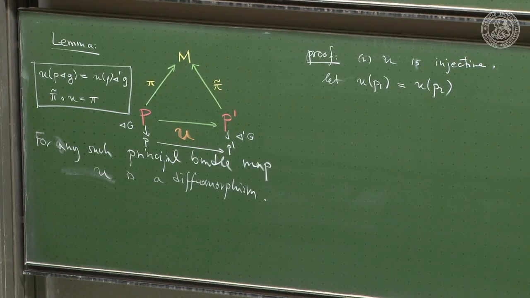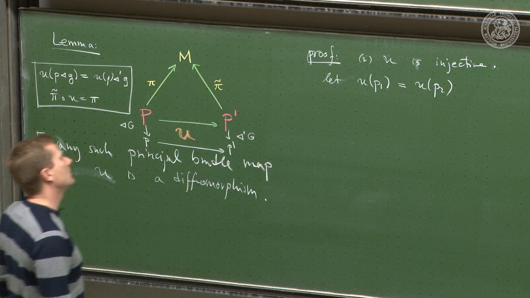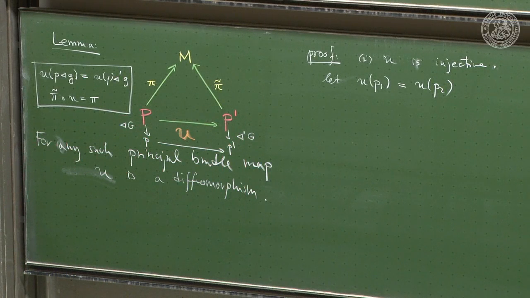And now we need to use this. How do we do this? U of P1 is U of P2. Let me see what I thought about what to do there. Okay.